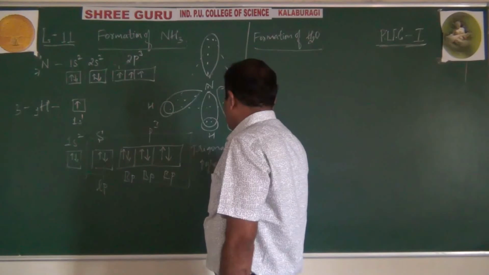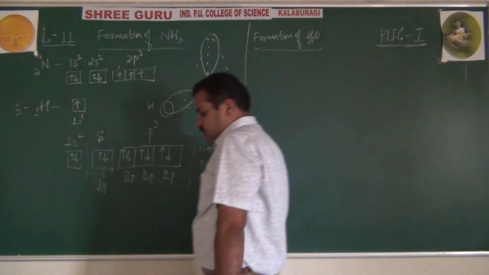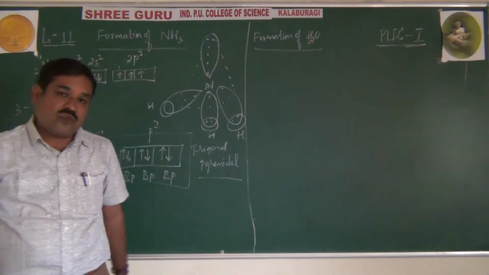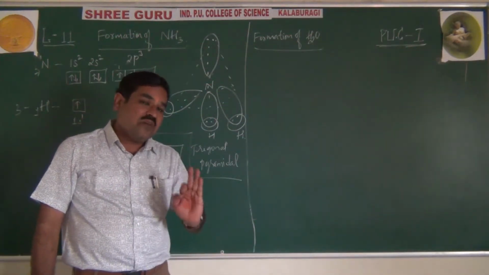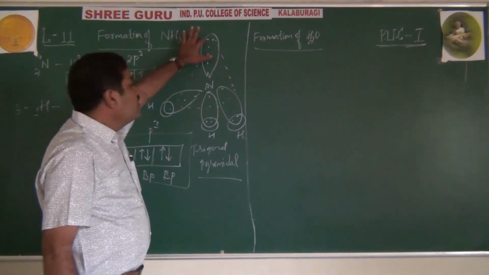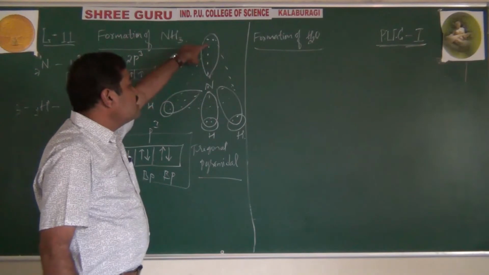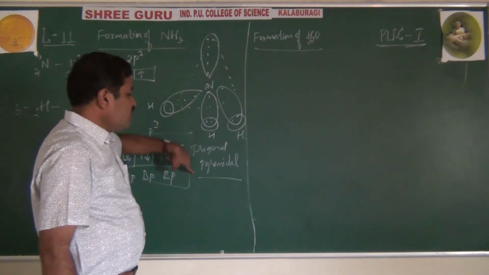pyramidal. According to the hybridization concept, if it is sp3, what could be the definite geometrical shape? Tetrahedral. But it is not tetrahedral. Why? Due to this lone pair. They repel and there is a change in the geometrical shape. See, it is trigonal pyramidal.